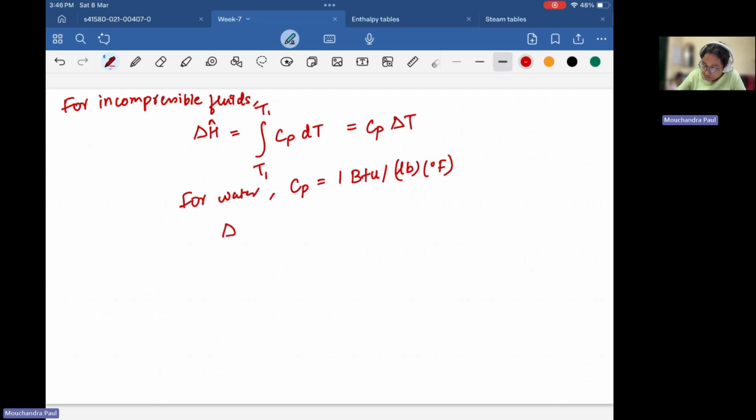So we know the value of delta H, right? We know the value of Cp. We have to calculate delta T. All right.